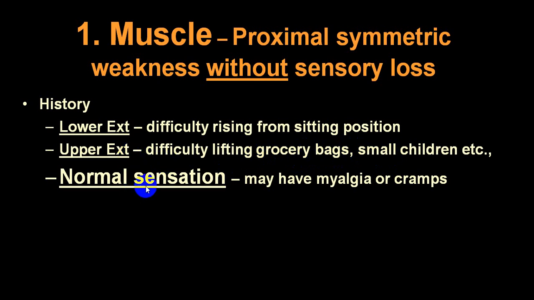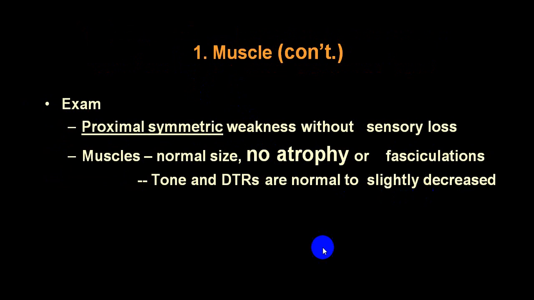And there will be absolutely normal sensory findings. There will be no involvement of the sensory system. And the person might have symptoms related to muscle like myalgia, cramps, etc. This will be peculiar, pinpointing to muscle involvement.